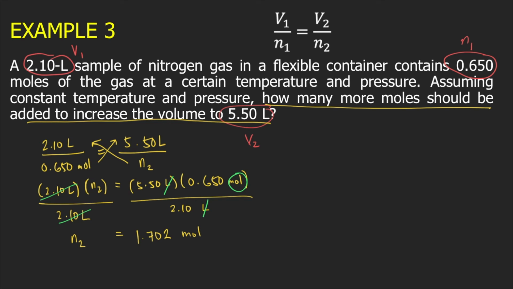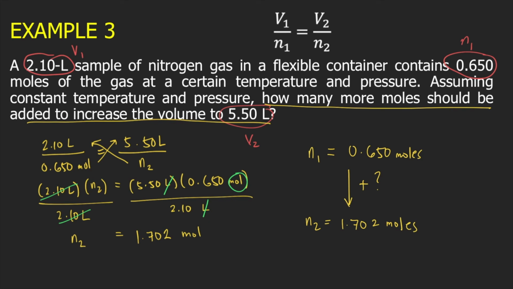So we know that our N1 is 0.650 moles. The question says, how much more should you add to get to 1.702 moles?